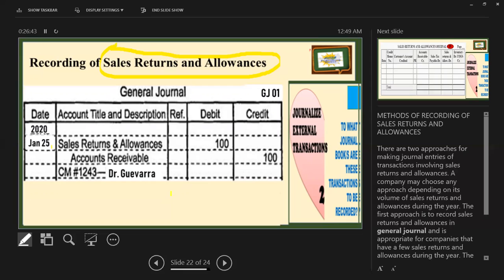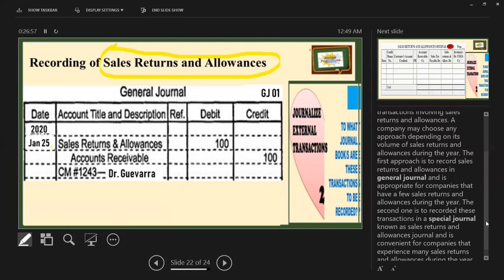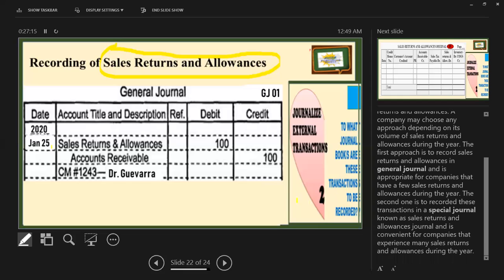The first approach is to record sales returns and allowances in the general journal, and this is appropriate for companies that have few sales returns and allowances during the year. The second one is to record these transactions in a special journal known as Sales Returns and Allowances Journal, which is more convenient for companies that experience many sales returns and allowances during the year.